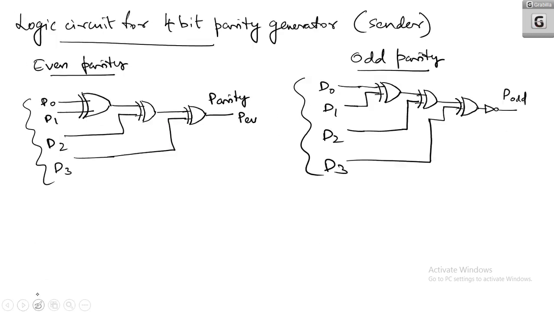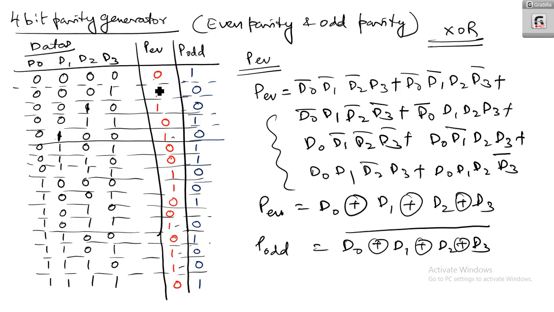That means if P even is equal to 1, then only you can say that the given logic circuit satisfies the even parity criteria. That means even parity is 1 only for this corresponding data. Here you need not consider zeros.